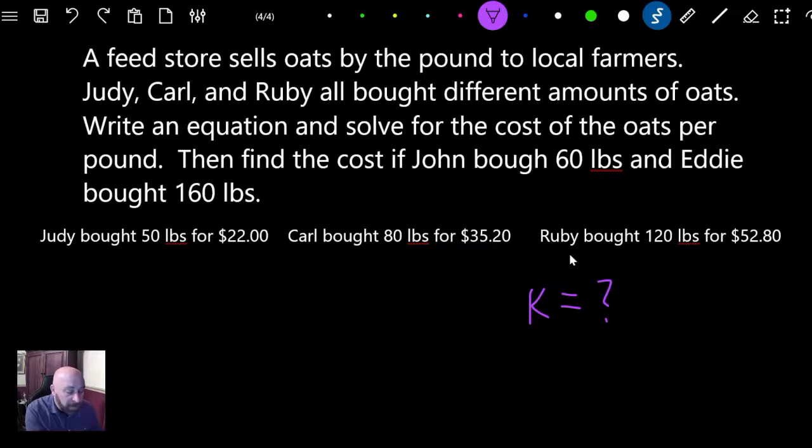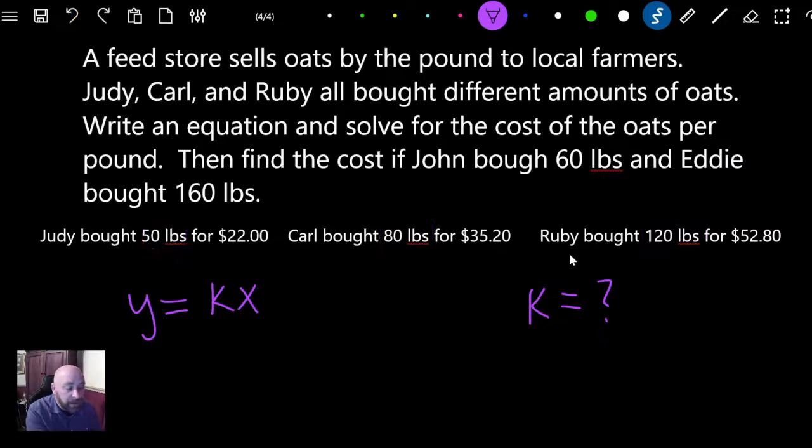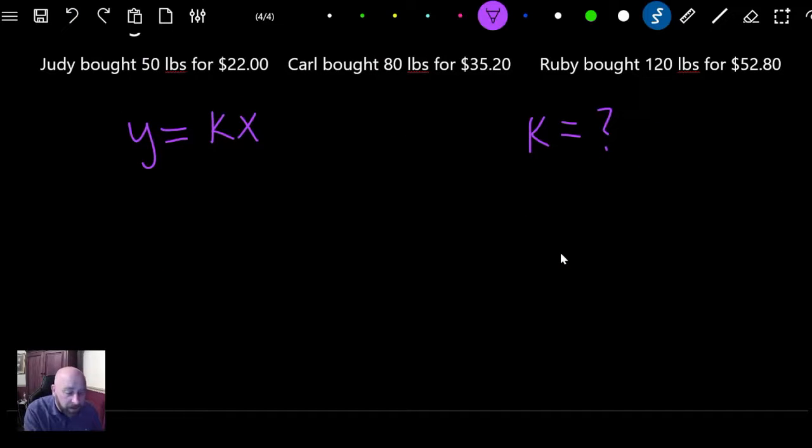So in other words, we have y equals kx. In this case we make the pounds, LBS, the x, because that's our input. That's how many pounds they bought.